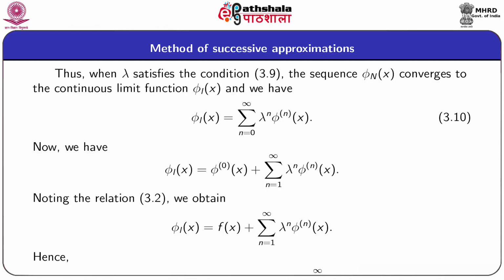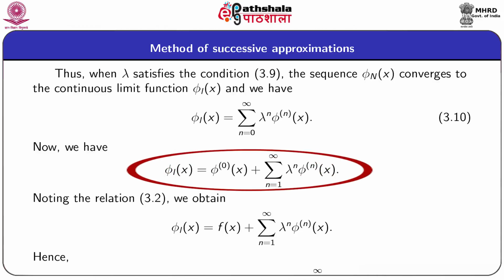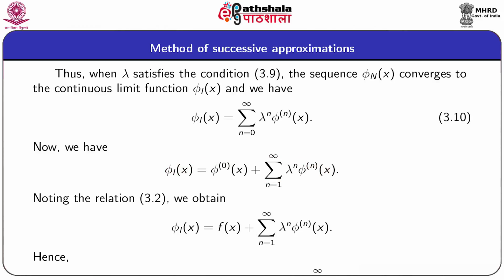Now, in equation 3.10, from the summation we separate out the term corresponding to n equal to 0, so that we can write φ_L(x) equal to φ₀(x) plus the summation n equal to 1 to infinity of λ to the power n φ_n(x).